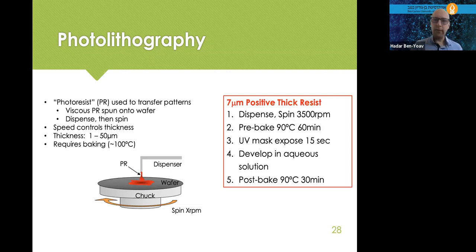You put it in the oven, 90 degrees, 60 minutes, take it out, expose it to light, and then put it in the developer solution, and then put it again in the oven. It's really like baking. That's why it's also called a recipe. So we have this photoresist that you have a dispenser for, and it dispenses and covers homogeneously the whole substrate with a specific thickness, depending on the recipe that we use.